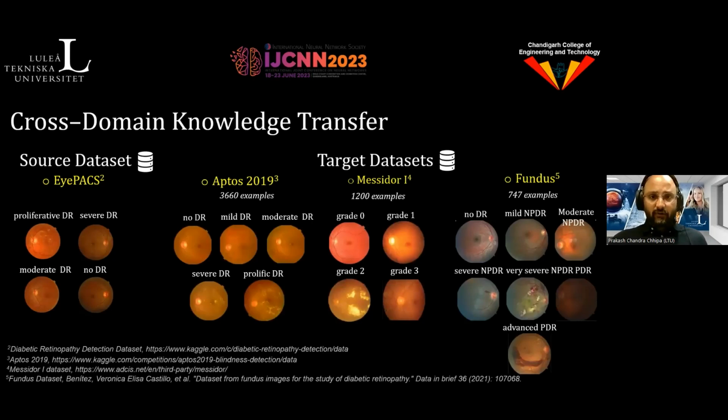So in general, we could understand that diabetic retinopathy data sets are very small-scale data sets.